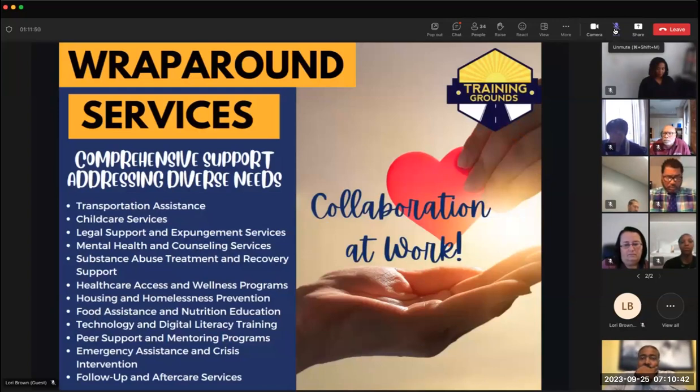In addition to the love management, we have wraparound services. Some of those wraparound services include transportation assistance, child care services when needed, legal support, and expungement services, which is quite a big deal for our returning citizens. We're working with partners right now who are looking at some of our returning citizens, what charges they may have, and helping to get some of those charges expunged from their record, which is very, very helpful in the employment process.